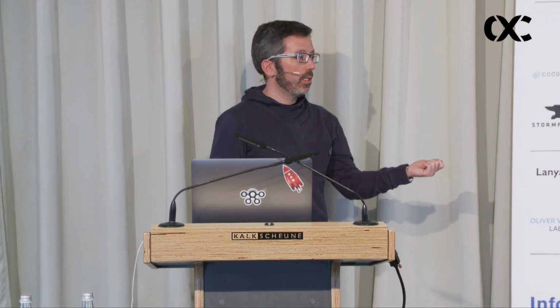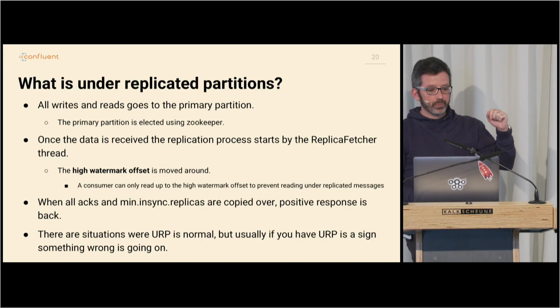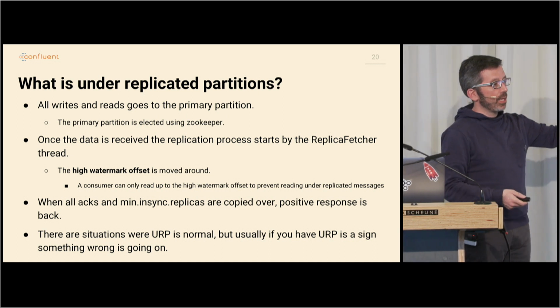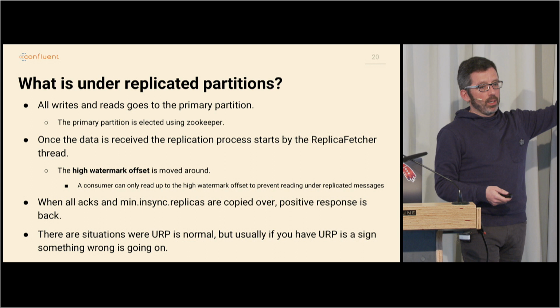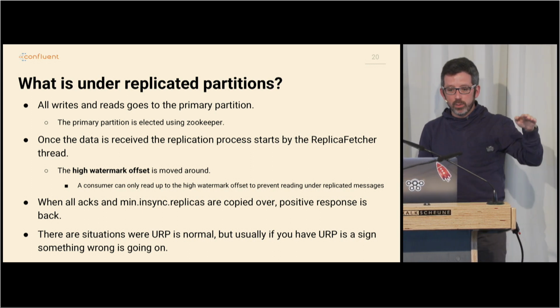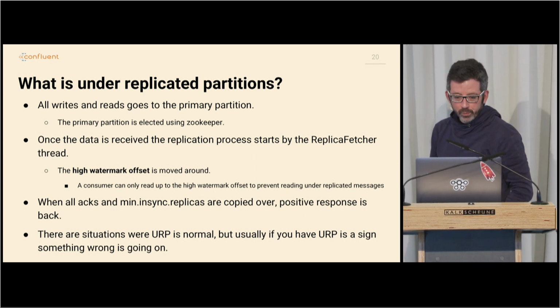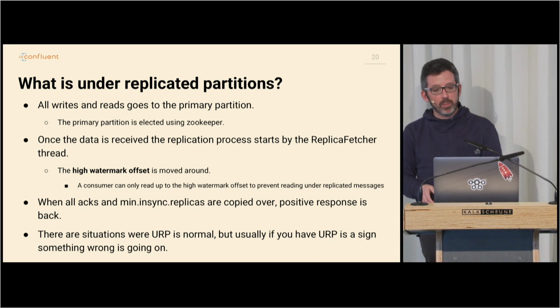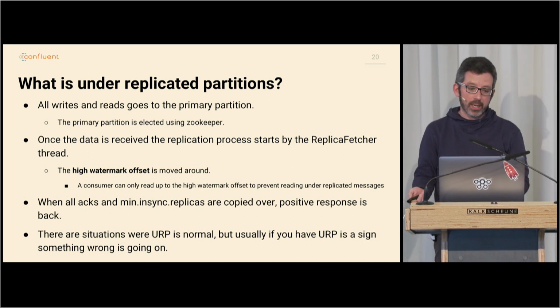reads the offsets. There is a protocol with a high watermark. Okay, the high watermark basically is the level up to which a consumer can actually read. Okay, above the high watermark, the consumer cannot read. When all ACKs and min in sync replicas are copied over, a positive response is sent back.